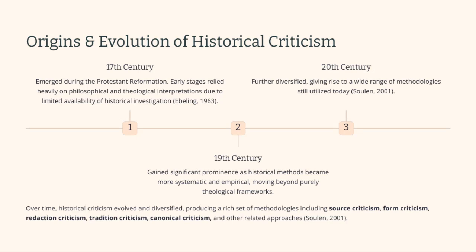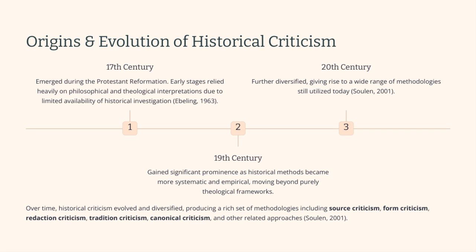Let's take a closer look at the origins and evolution of historical criticism. Starting in the 17th century, we see its roots beginning to form, laying the groundwork for what would become a more systematic approach to biblical studies. Moving into the 19th century, especially during the Protestant Reformation, the development of historical criticism gained momentum.